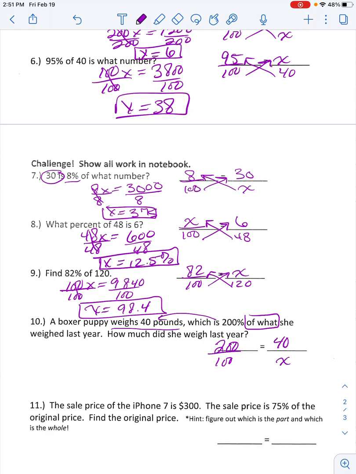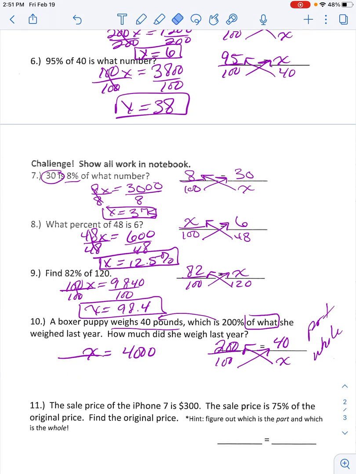So we're going to set up our problem like this. Okay, you can also think of part and whole, and that may make more sense now that we're doing word problems. Okay, we still solve the same way. 100 times x is 100x. When we do 100 times 40, we get 4,000.